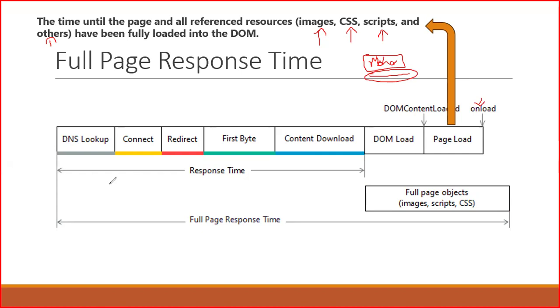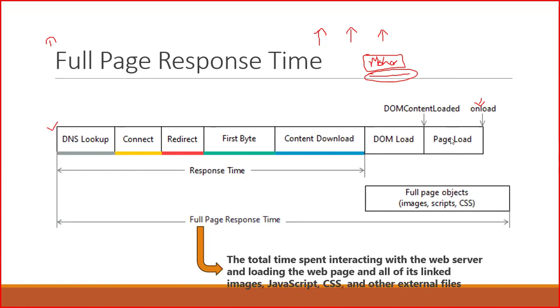So from the start, once the request got initiated, until the onload event got triggered, how much time it has taken, that time we are going to call the full page response time. Full page response time is nothing but the total time spent interacting with the web server and loading the web page and all of its linked images, JavaScripts, CSS files and other external files.